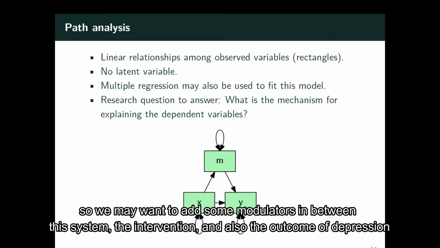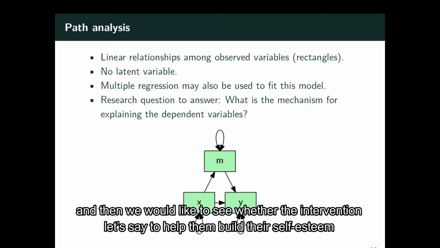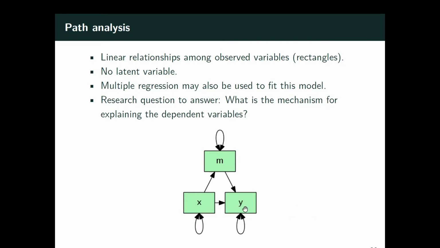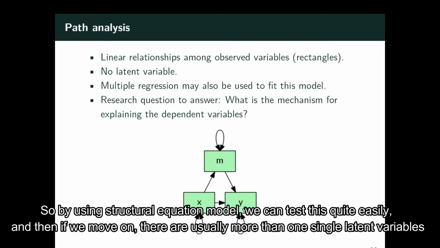So we may want to add some mediators between the intervention and the outcome, depression. And then we would like to see whether the intervention helps them build their self-esteem and then helps reduce the depression. So mediating variables are very useful to help us explain how X leads to Y. By using structural equation models, we can test this quite easily.